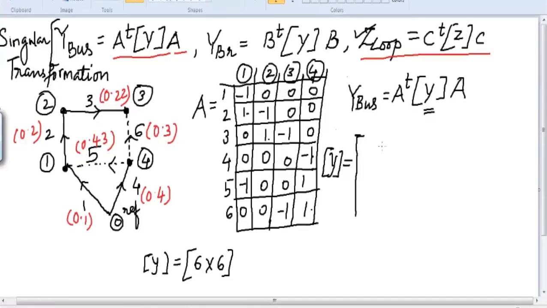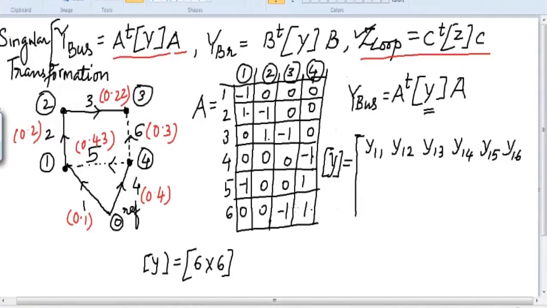We need to only fill the diagonal part, that is y11, y22, y33, y44, y55 and y66. Rest of all the elements will be 0. I will just write here. If you have any point to understand, I will explain.